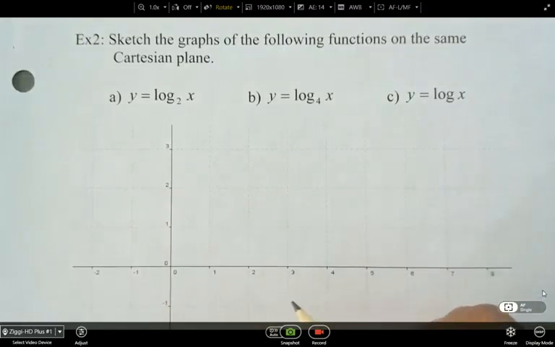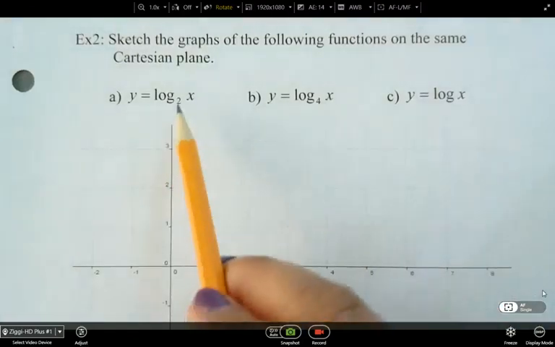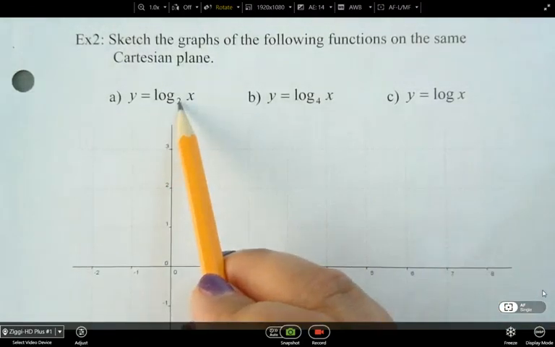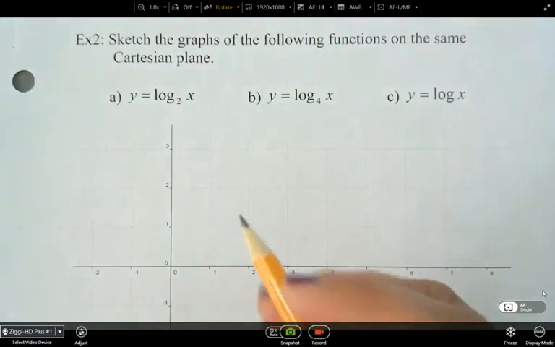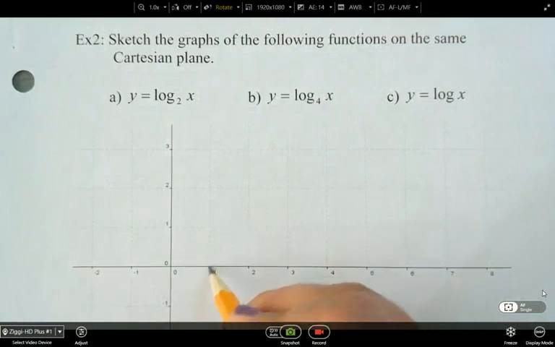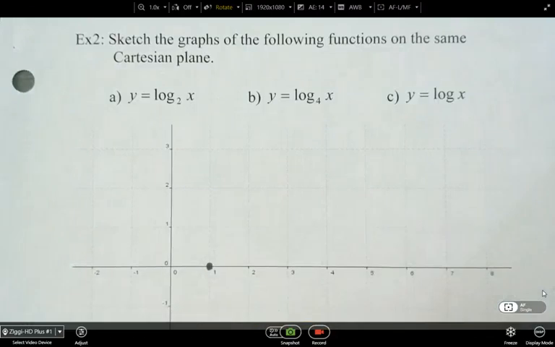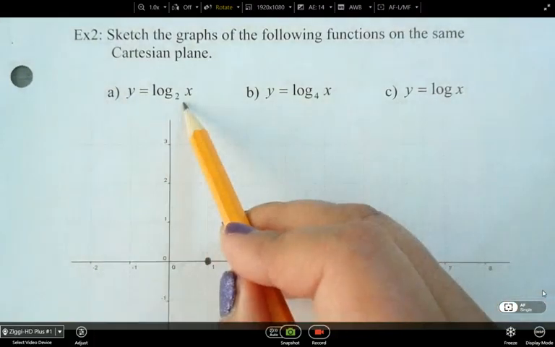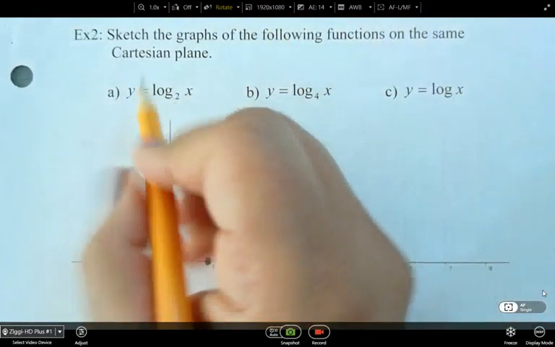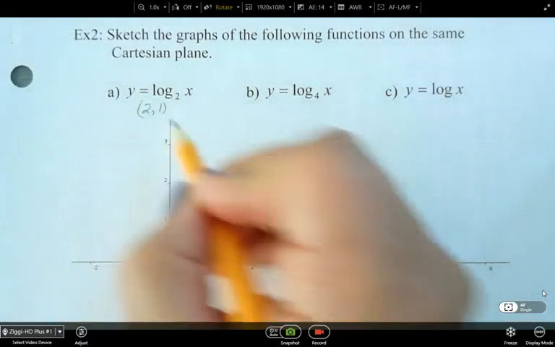All right, so here, for this one right here, where are we going to graph this? What do we note is going to be our... So they all have an x-intercept at (1, 0). Okay? So for this one here, we end up with x equals 2 and y equals 1.